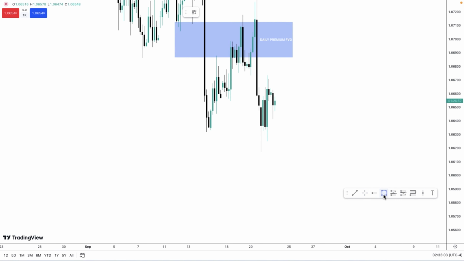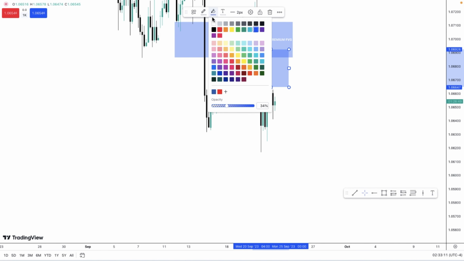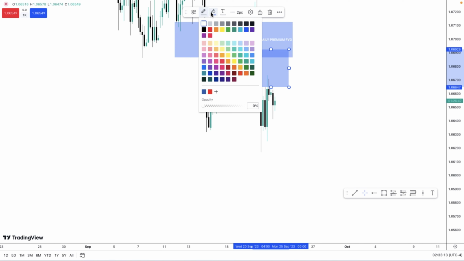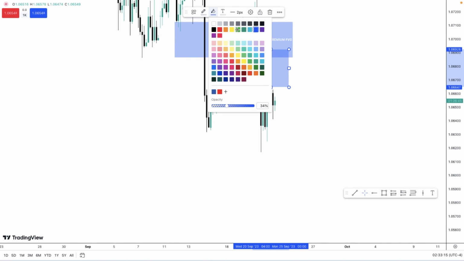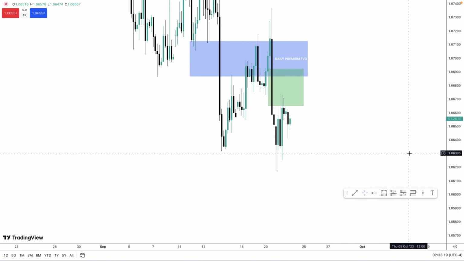I'm on the 4-hour chart. We have another fair value gap here. As you can see, price traded to it using the wicks. Like I said, the wicks do the damage, the bodies tell the story.